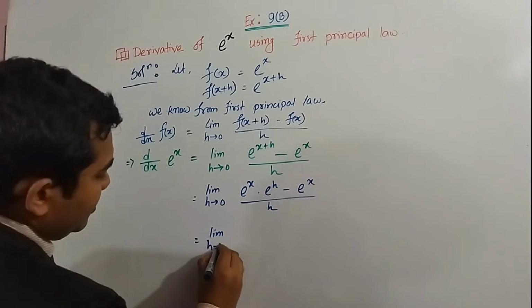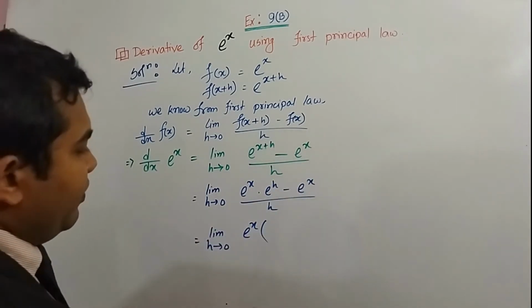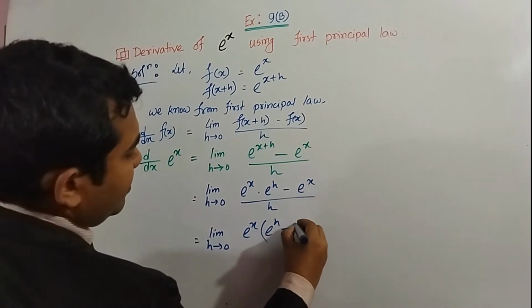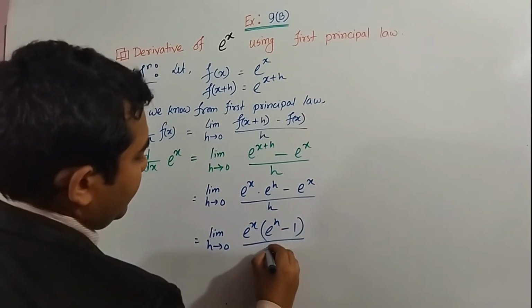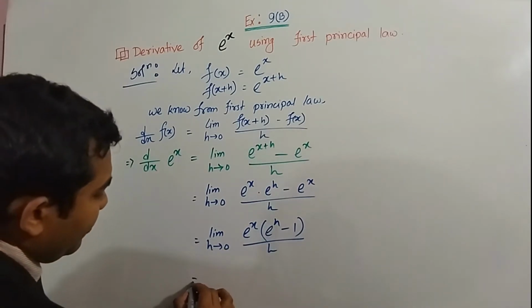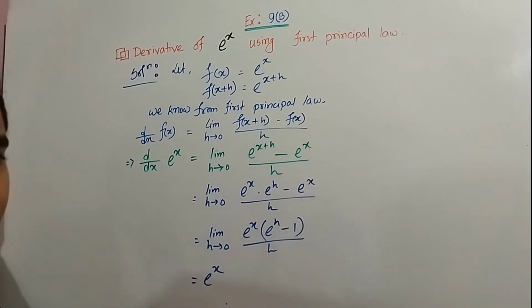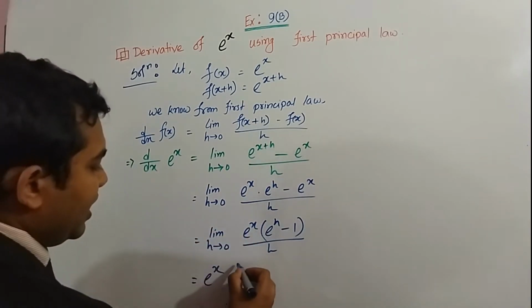Limit h tends to 0, if we take e to the power x as common, then we'll get e to the power h minus 1 divided by h. Why have we taken e to the power x at the very first place, before the limit part?